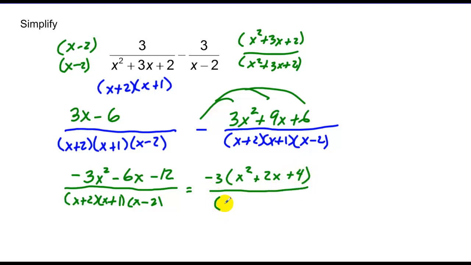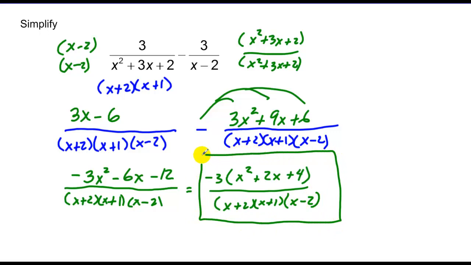Once again, it appears that although I've completely factored the numerator, there are no common factors left. Therefore, I can leave my answer like this. And again, since there were no common factors to reduce, I could have left my answer in this form, but unless I actually go ahead and factor it out, I'm not going to know if I get a reduction.